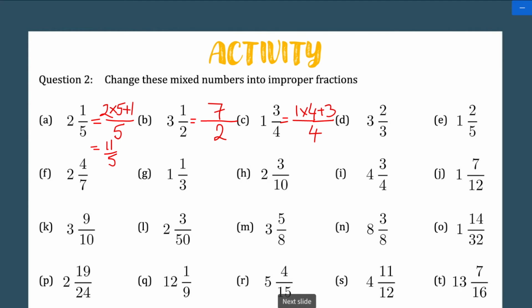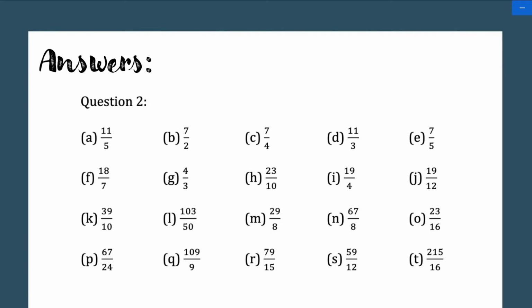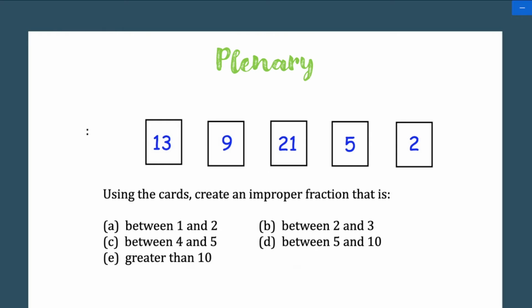Okay, next. Here are the answers. Okay, and the next activity is our plenary.